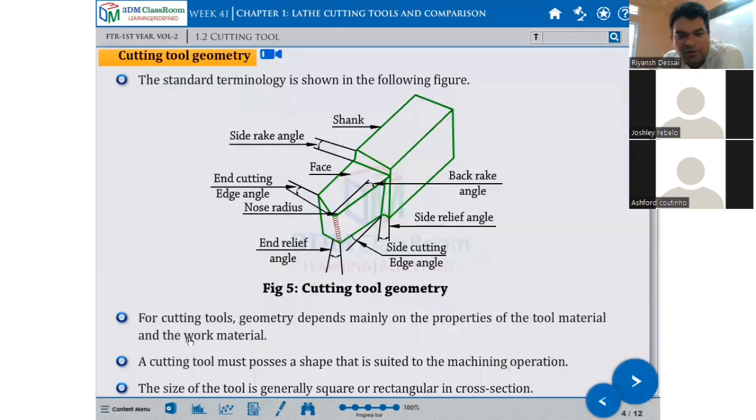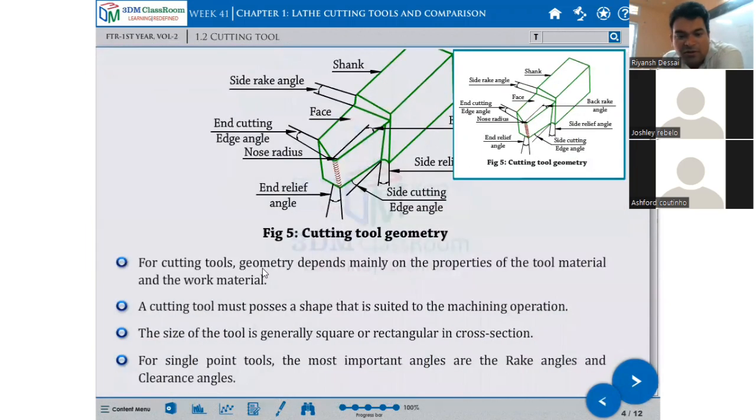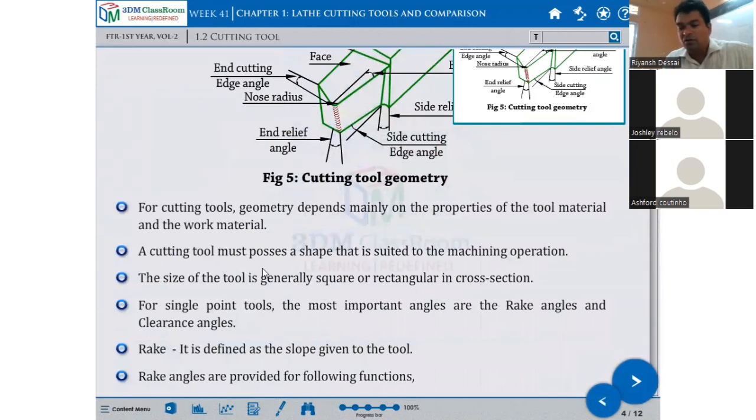Cutting tool geometry depends mainly on the properties of the tool material and the work material. A cutting tool must possess a shape that is suited to the machining operation. The shank of the tool is generally square or rectangular in cross-section. In a single point cutting tool, the most important angles are the rake angle and the clearance angle.